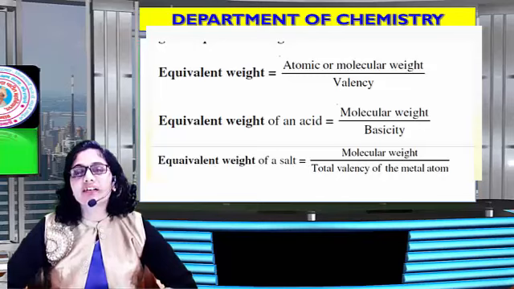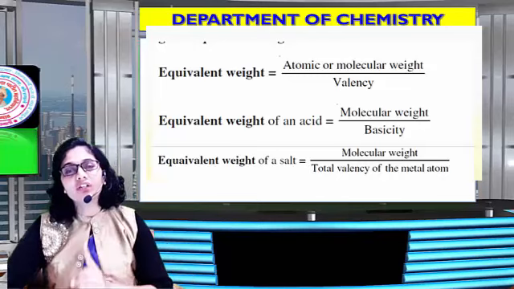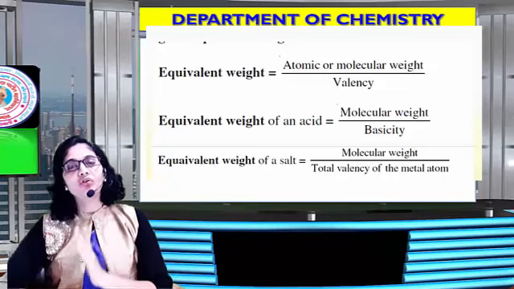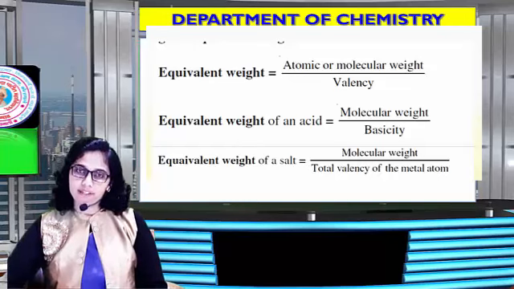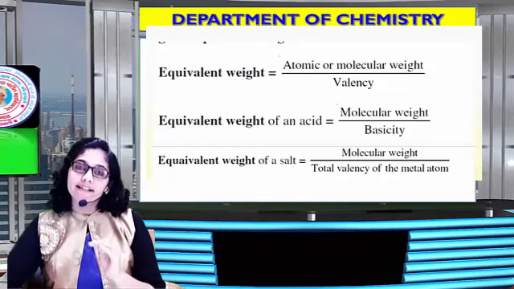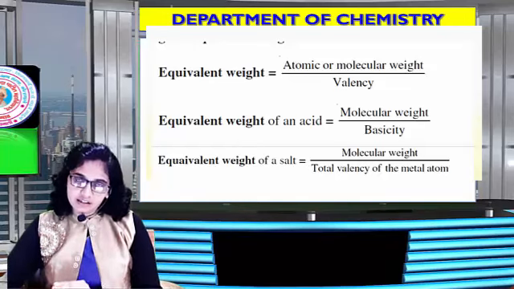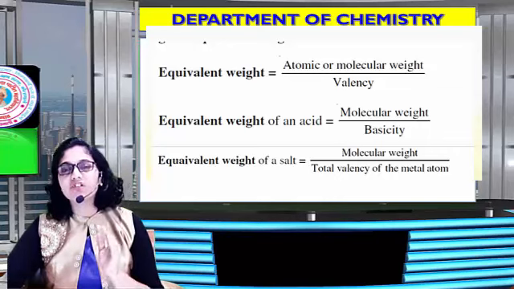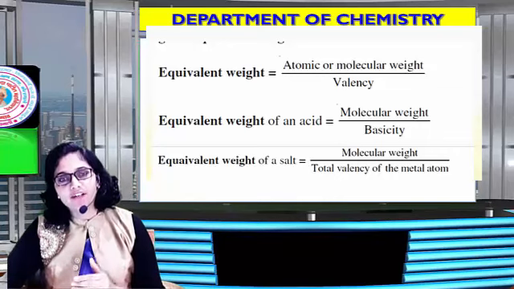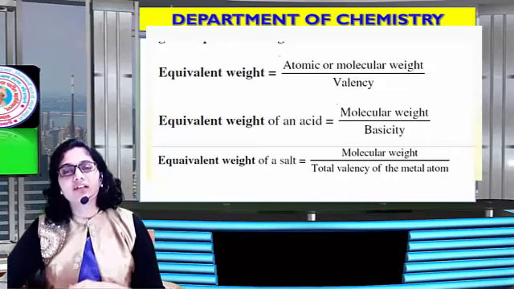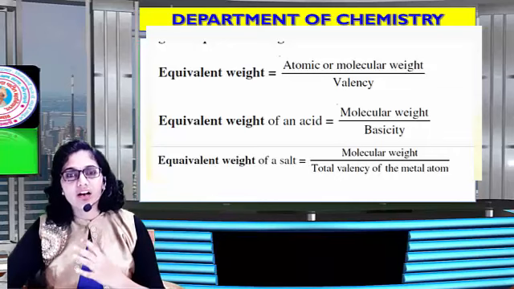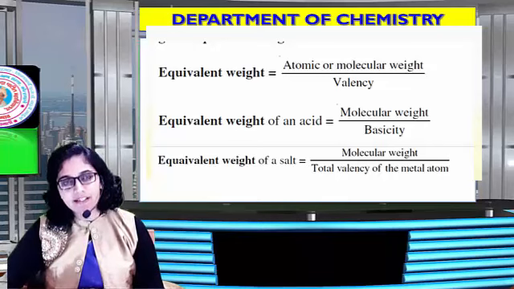So one molecule of HCl is able to neutralize one molecule of base, and therefore the basicity of HCl is 1.